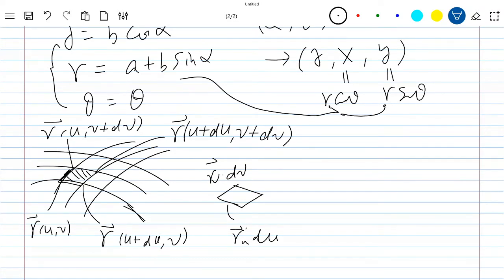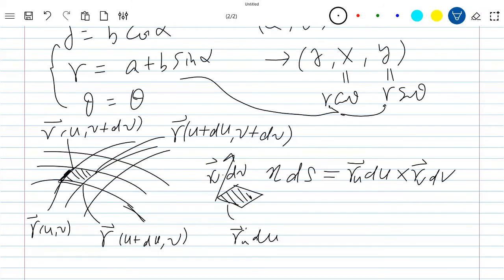So what is the area of that, or we can say the surface area? Well, we can obtain it using this method: Ru du cross Rv dv. Do you remember what this gives us? It'll give us a vector in the normal direction, perpendicular to Ru and Rv.